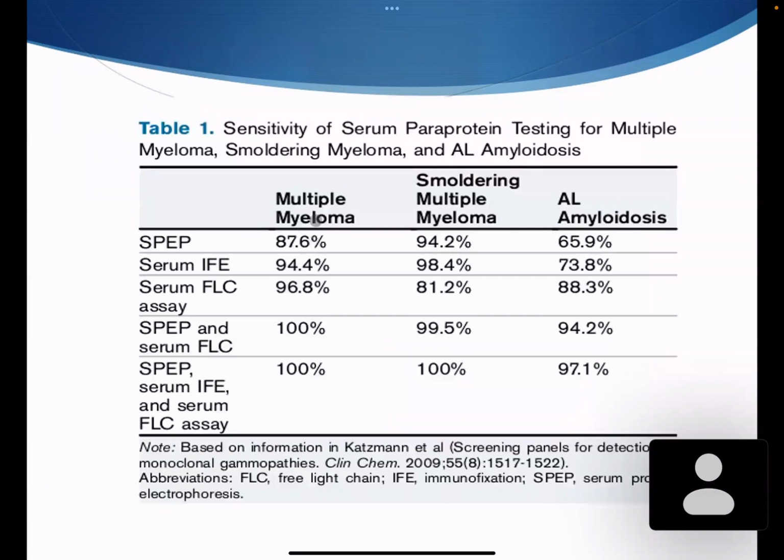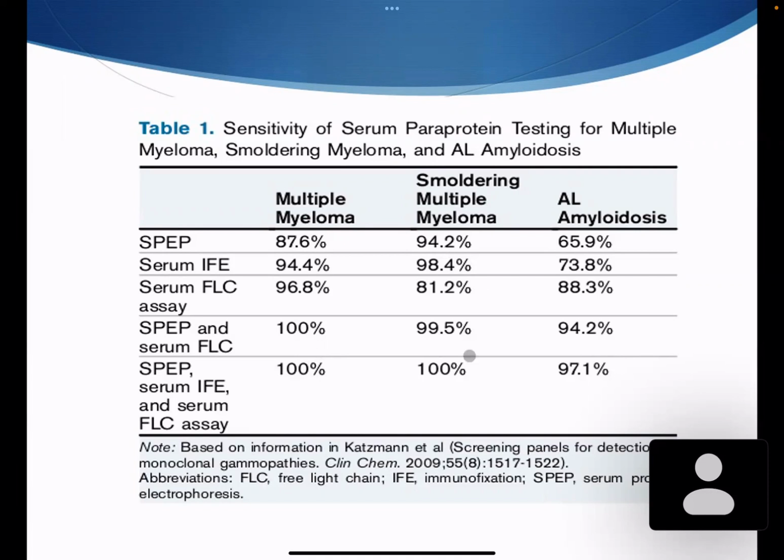If you're looking for multiple myeloma, serum protein electrophoresis can be helpful, with 87% sensitivity. If you do the three of them together, it can come up to 100% sensitivity.